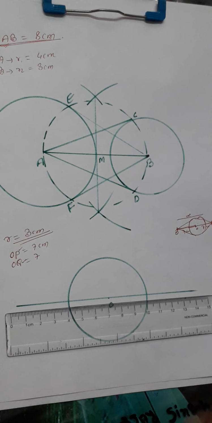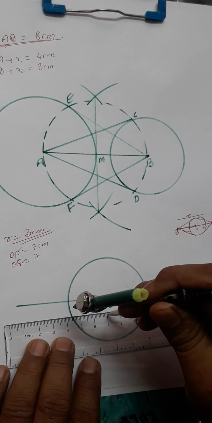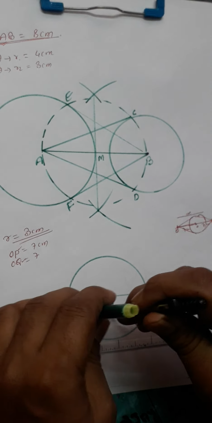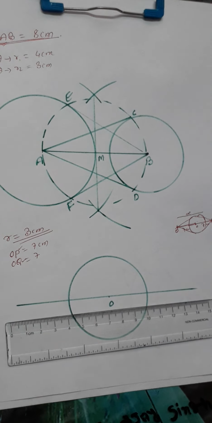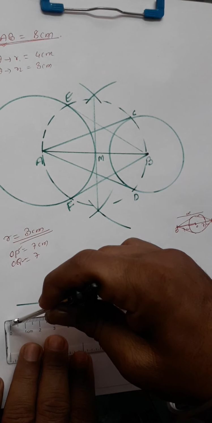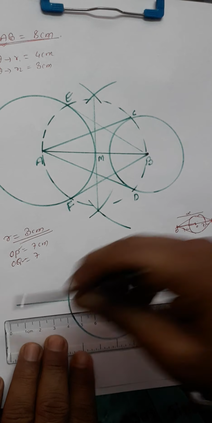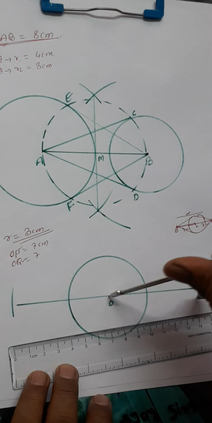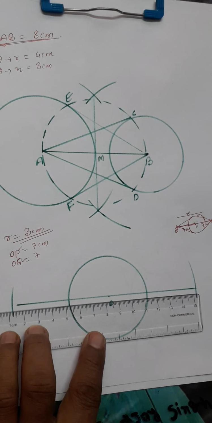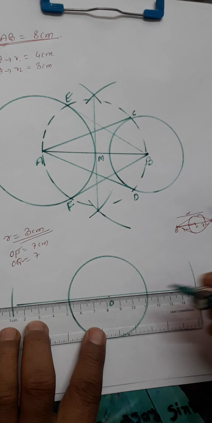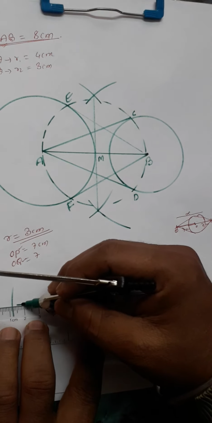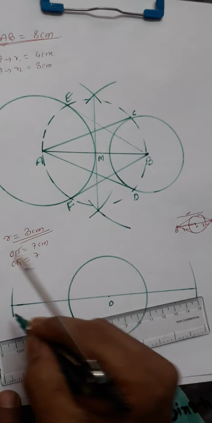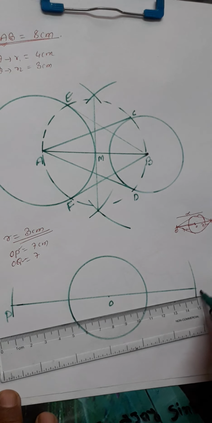Now we will take this measure 7 centimeter, and again 7 centimeter. We will extend this to meet this point here. Let it be P and let it be Q.